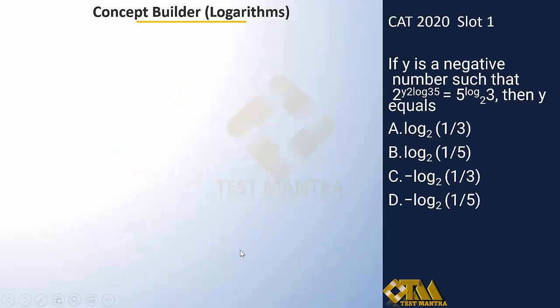Alright, let's move to the next one. If y is a negative number, it's already given that y is a negative number, you need to be slightly careful here. Y is a negative number such that 2 raised to y square log 5 to the base 3 is equal to 5 raised to log 3 to the base 2.